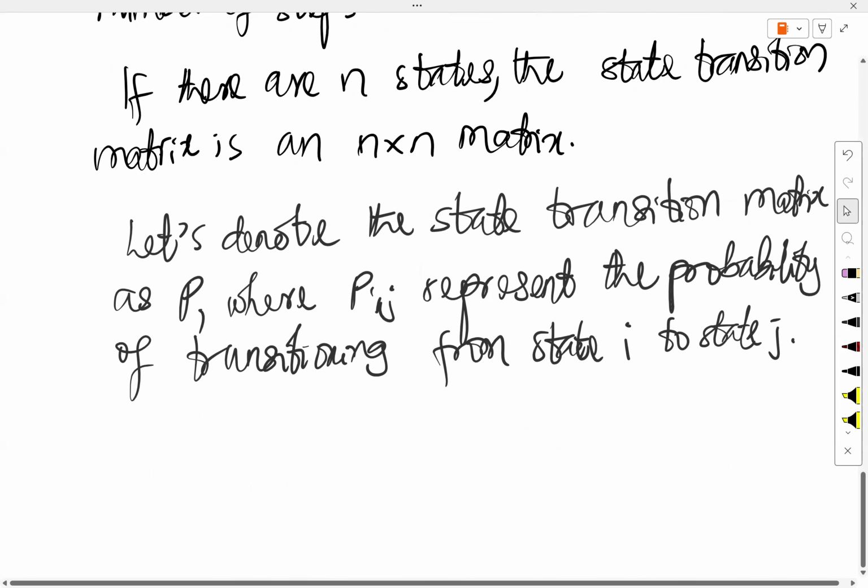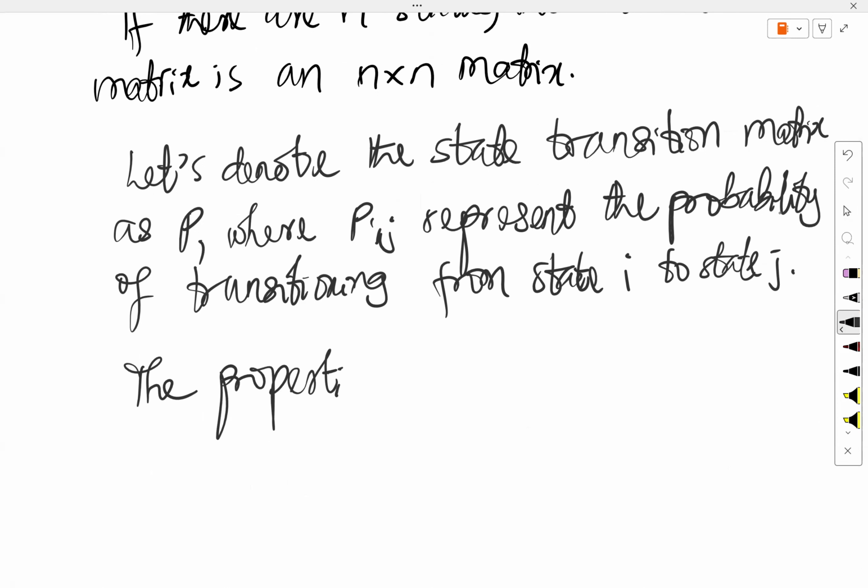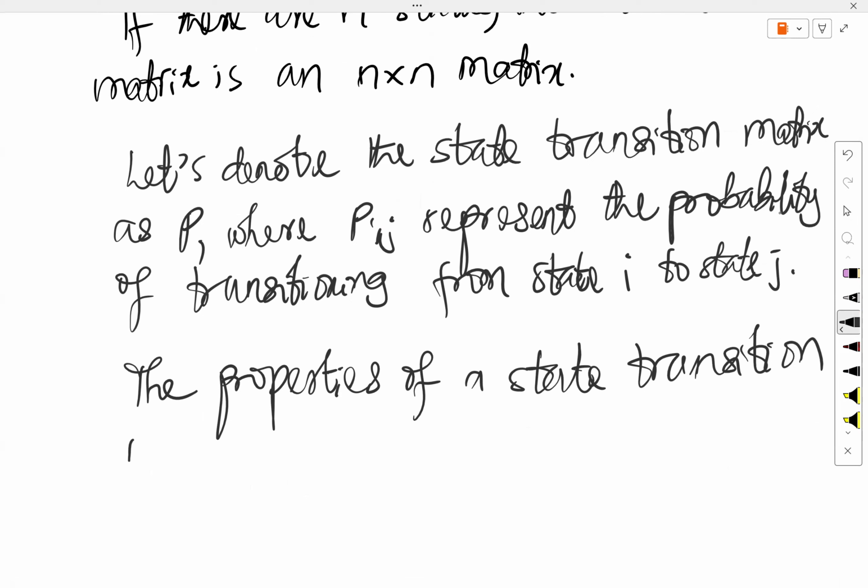Now we can say that the properties of a state transition matrix are the following.